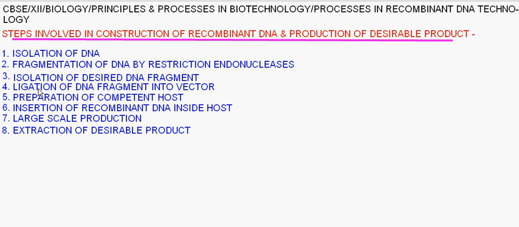Fourth step, ligation of DNA fragment into vector. Fifth point, preparation of competent host. Sixth point, insertion of recombinant DNA inside host. Seventh, large scale production. Eighth, and the final point, extraction of desirable product.